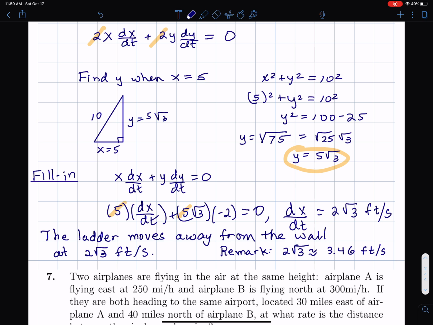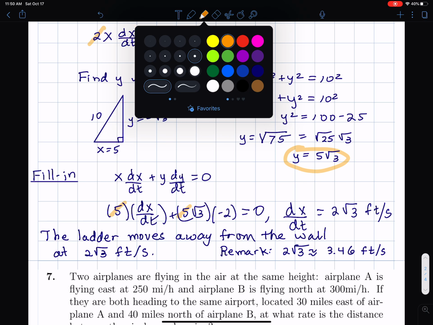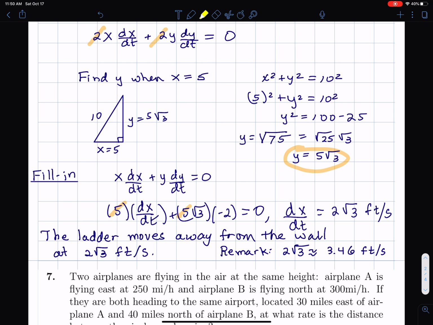That's just using a calculator, and you can even check that using the, Hey Siri, what's 2 times radical 3? All right, okay, so 3.4641. So I decided, for whatever reason, to round to the hundredths place. But you can do whatever rounding you want, because I'm giving you the exact value here.